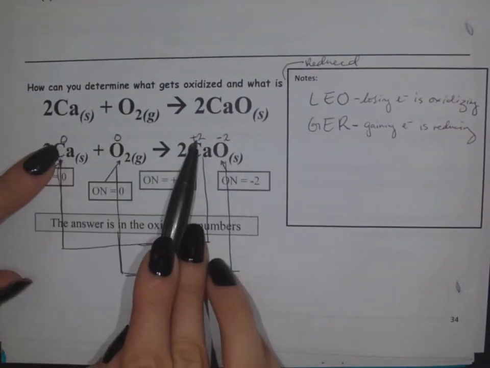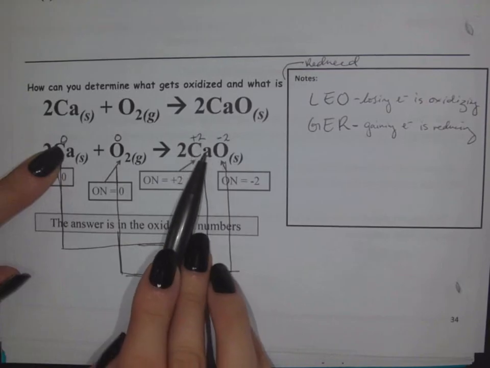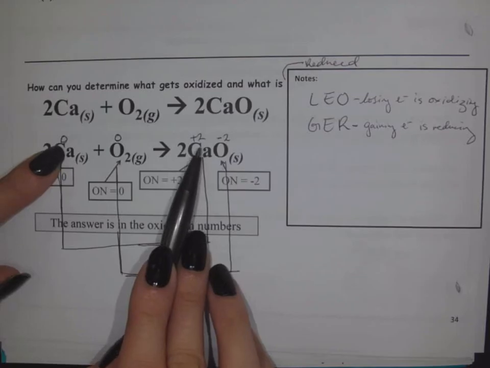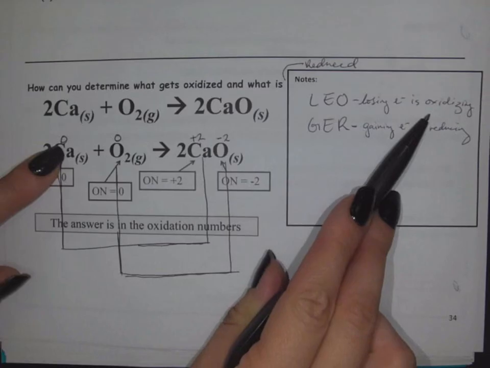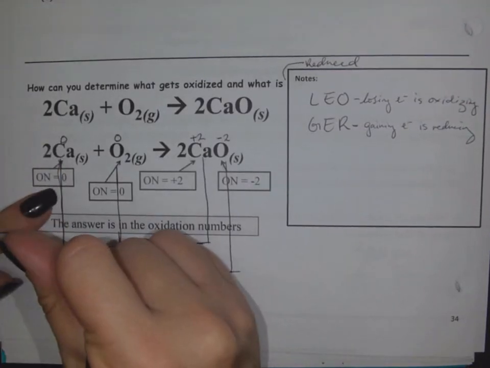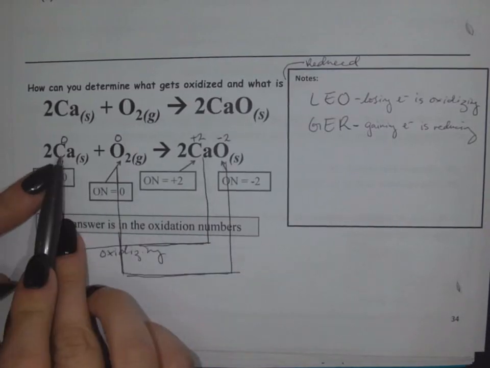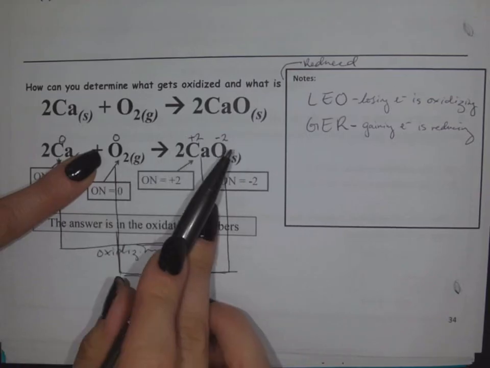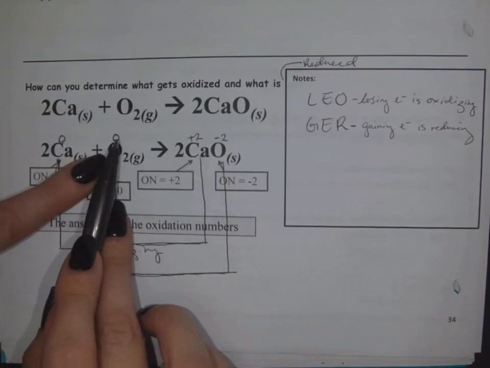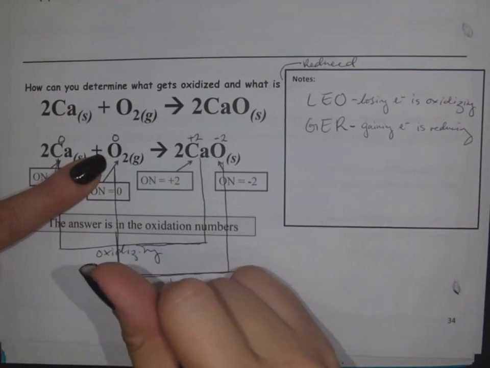If we go from 0 to +2, that means we lost negative electrons, and losing electrons is oxidizing. So calcium oxidizes, it's going to lose electrons. Oxygen is going to reduce, it's going to gain electrons, because if we go from 0 to -2, we gain 2 negative electrons. So this is reduced.